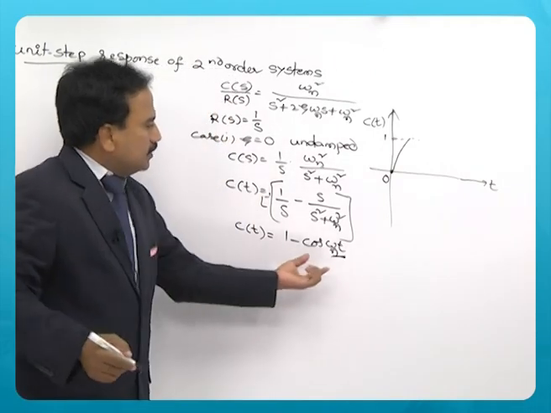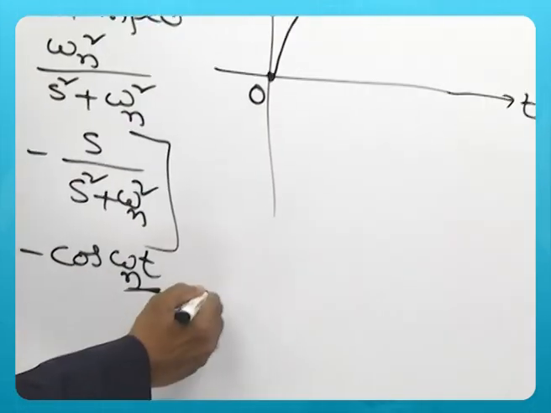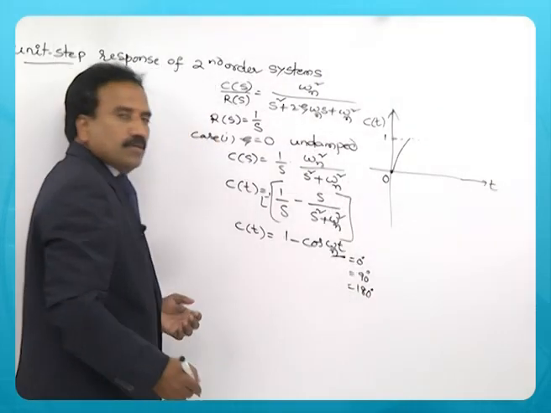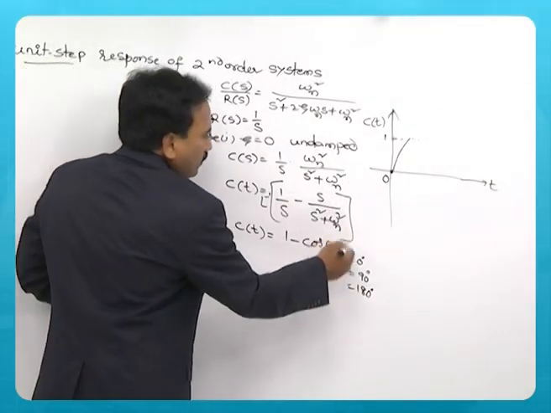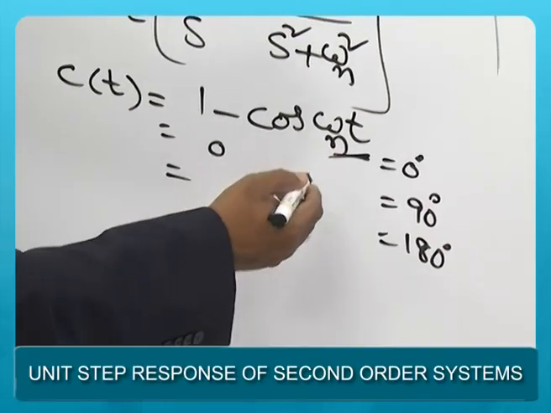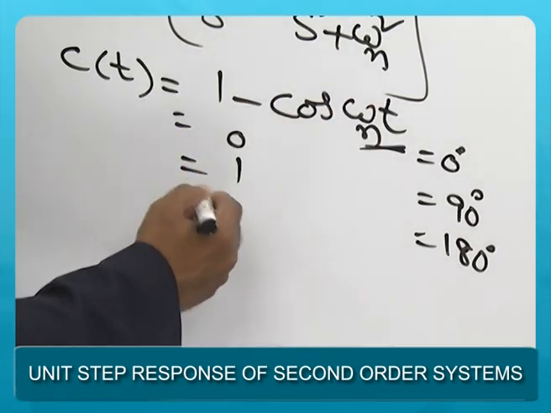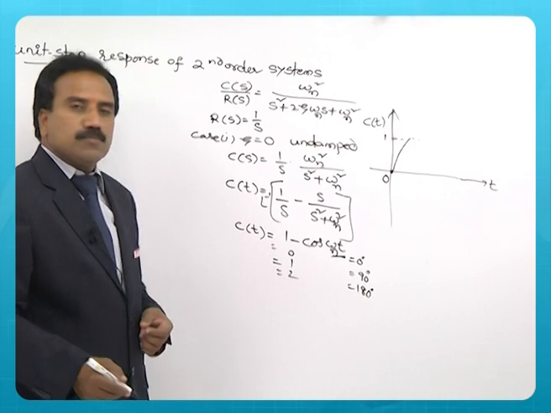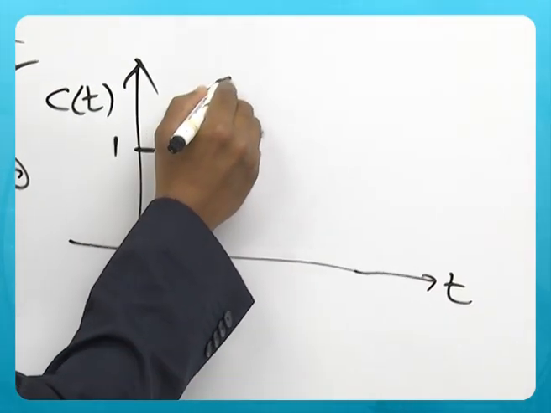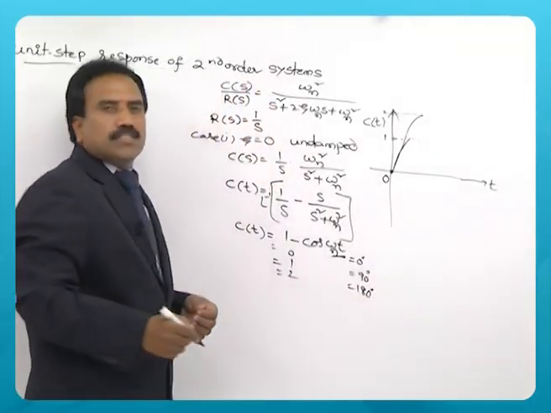And when this is 180, because you started with this as 0, then 90, then 180: when this is 0, C of t will be 0, and when it is 90, cos 90 is 0, so it is 1. When it is 180, the response is 2, so it reaches 2 by the time it is 180.